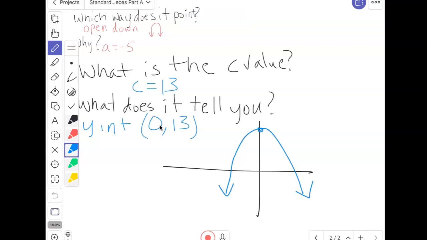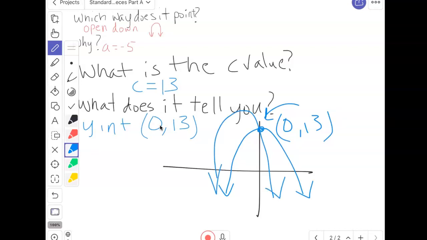And the place where it crosses here is going to be at 0, 13. Now, this isn't necessarily in the middle. I drew it kind of goofy, so it could have been like this. But that's the information that we know from the equation.